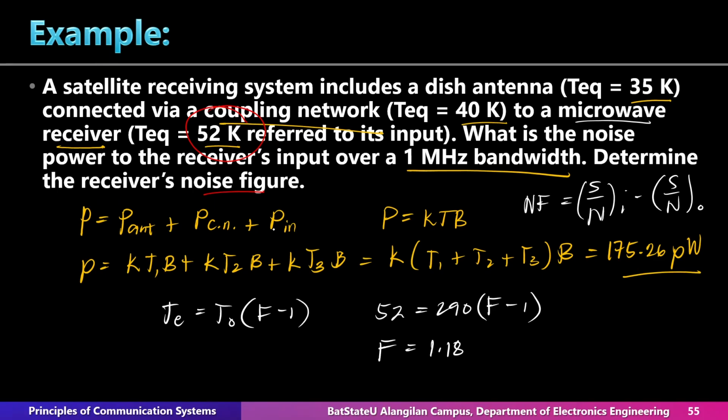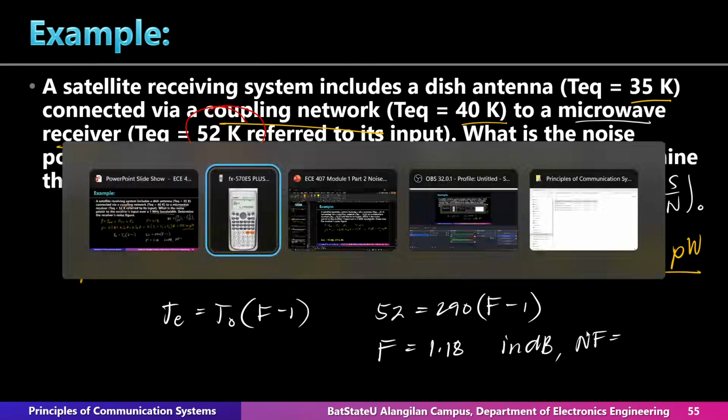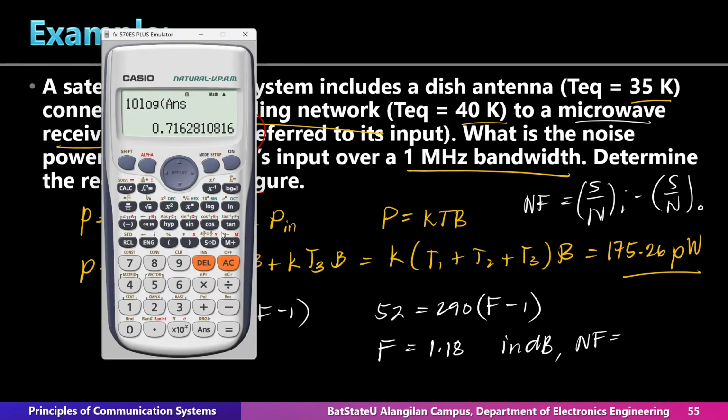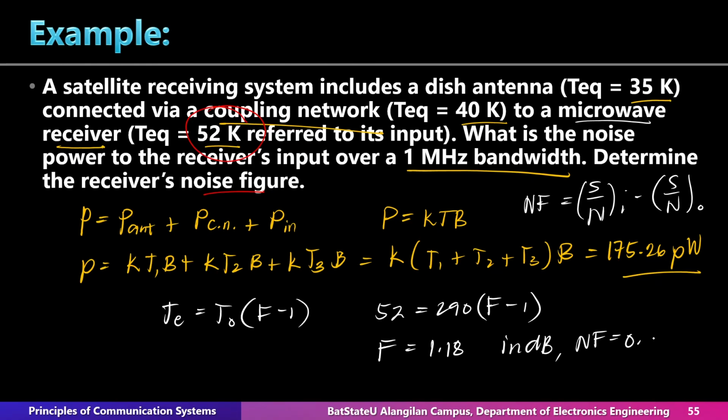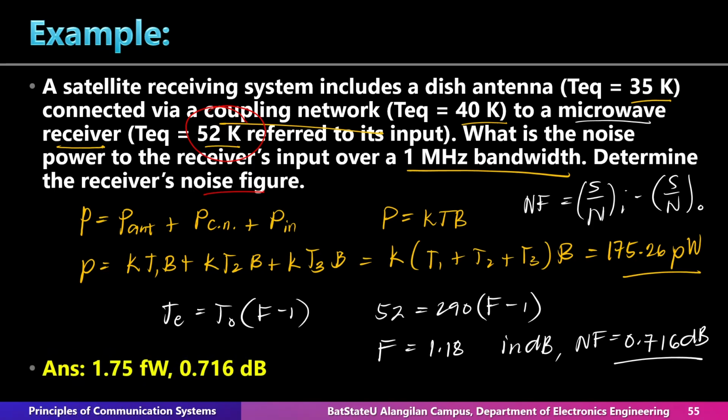Pero unitless yan. Ang hinahanap noise figure. So, in dB, the noise figure is 10 log of this, 0.716 dB. Or pwedeng gawin mo ng approximately 0.72 dB. O ayan, parehas lang tayo ng sagot. Okay? So, tapos na po.